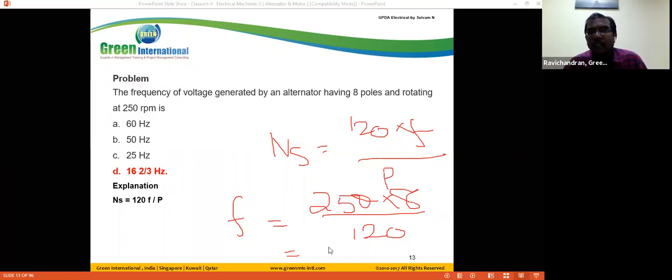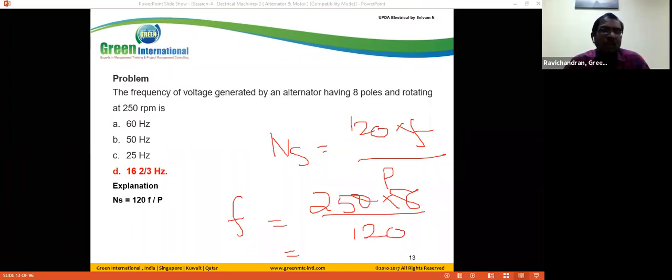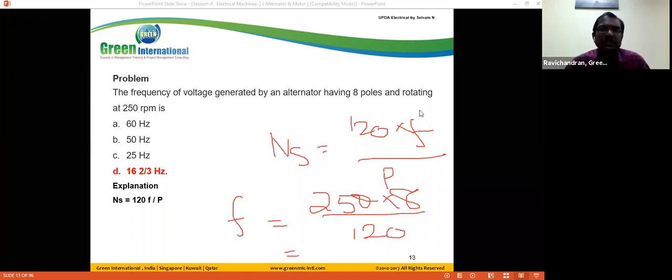Suppose they give 17 in the options instead of 16.67, you choose 17, because frequency is a whole number. Basically it is 50 by 3.